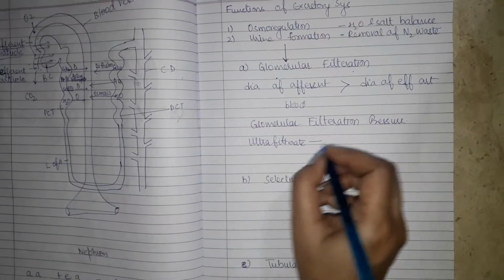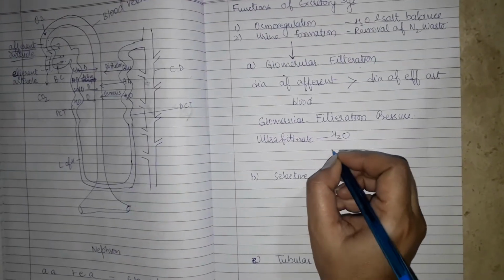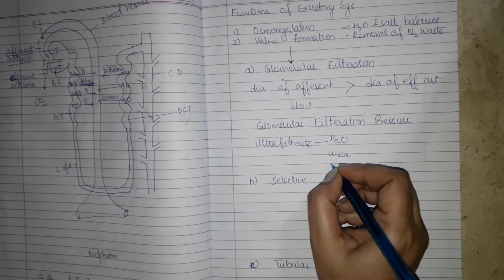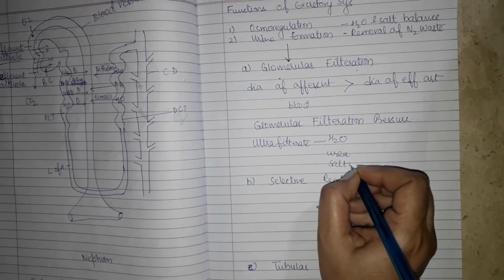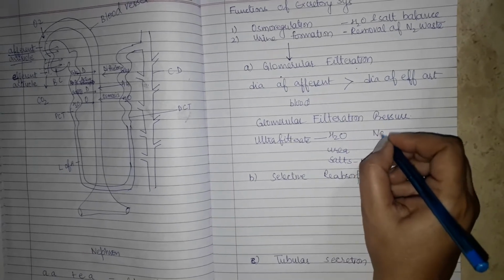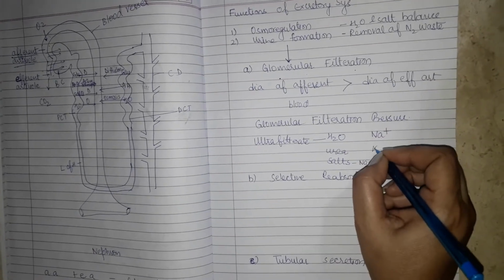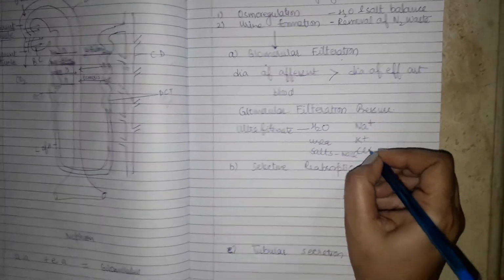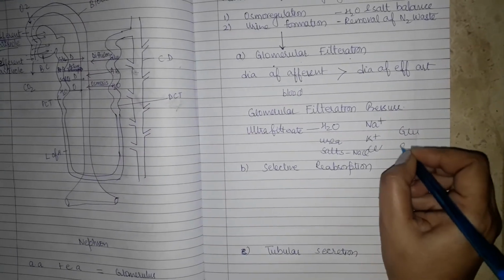The ultrafiltrate may contain water, it may contain urea, there can be various salts like sodium chloride, and electrolytes like sodium ion, potassium ion and chloride ion, glucose, amino acids.